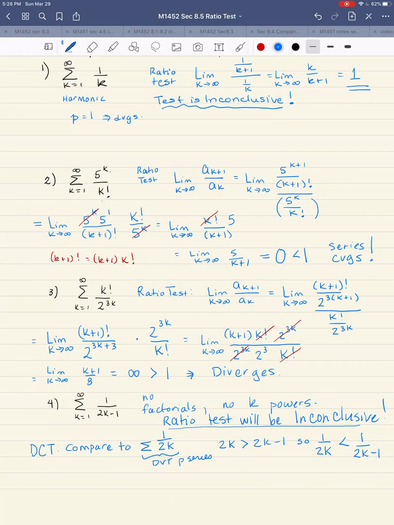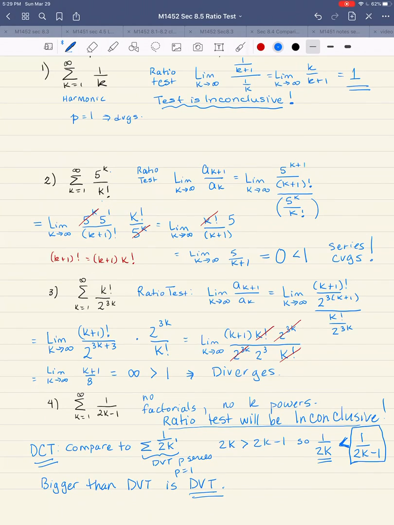I know that this is a divergent p-series because my power is a 1. And I know that terms in the series that I'm testing are bigger than a divergent series. So we have bigger than divergent is divergent. Our series diverges by the direct comparison test.